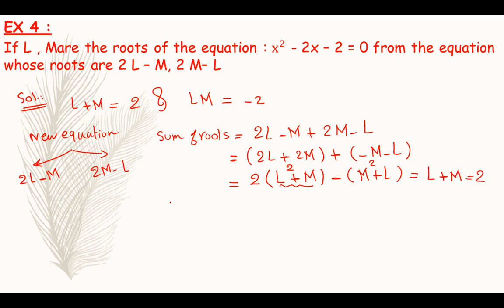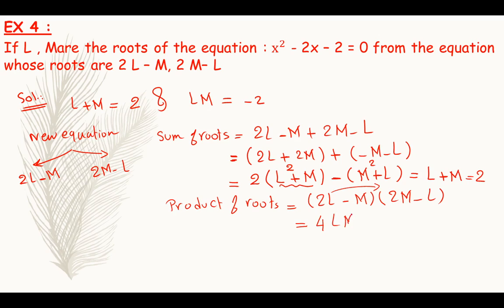Product of roots. Product of roots will be 2L minus M multiplied by 2M minus L. The result will be, here we are going to multiply 2L times 2M, it will be 4LM, and 2L multiplied by negative L, it will be negative 2L squared.